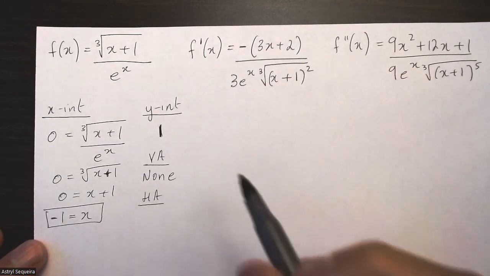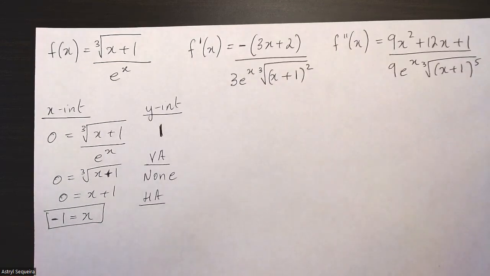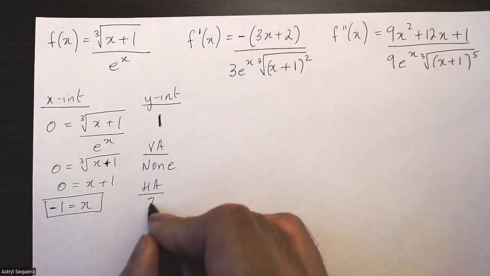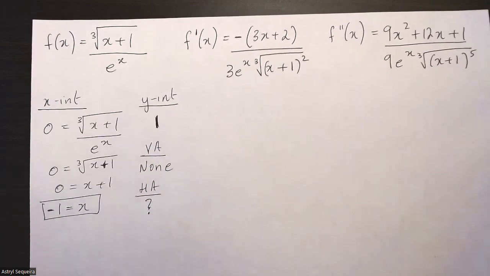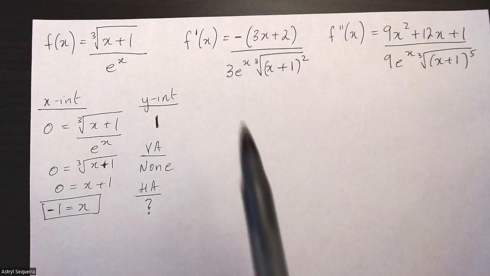For a horizontal asymptote, this is not a general rational function here, so it's a bit hard to tell whether we have a horizontal asymptote or not, but as we'll see later in the question, we will have a horizontal asymptote in this example.